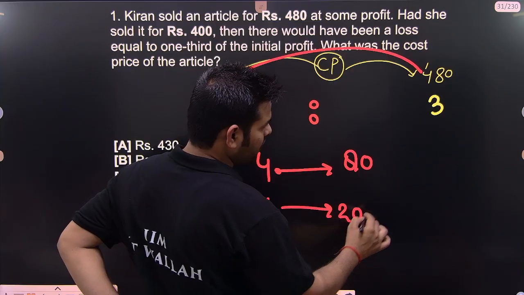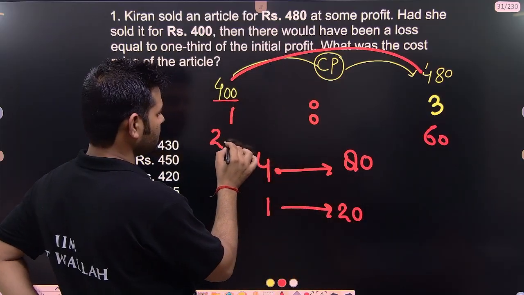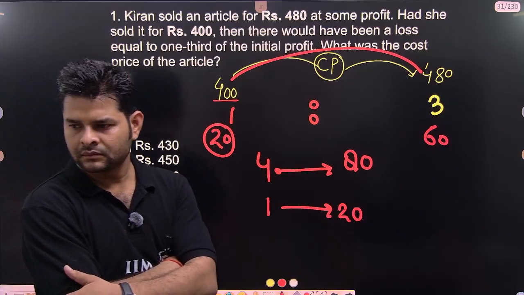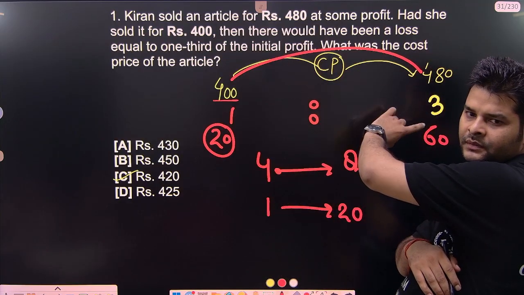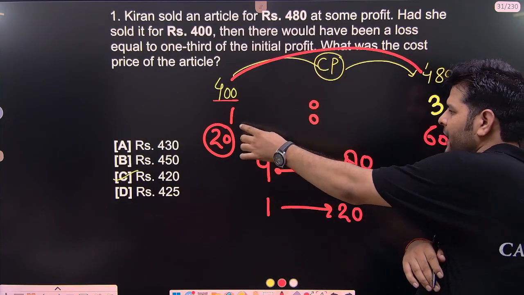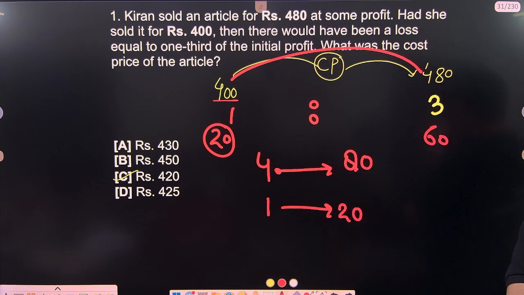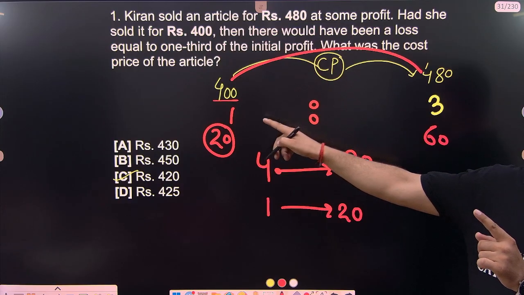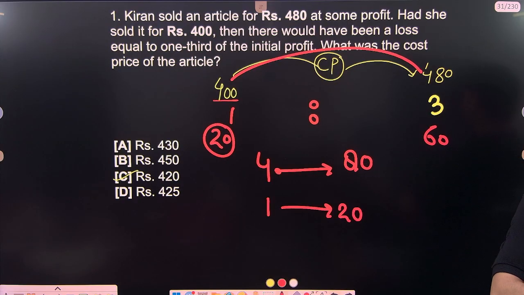So loss would be 20 and profit would be 60. So first take the ratio of profit and loss, then take the difference, and divide this difference in the ratio of profit and loss. You will easily get the answer.